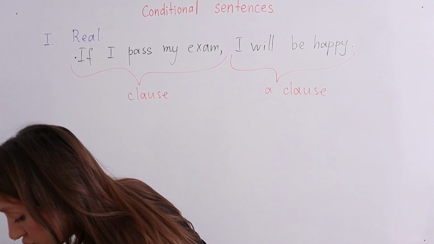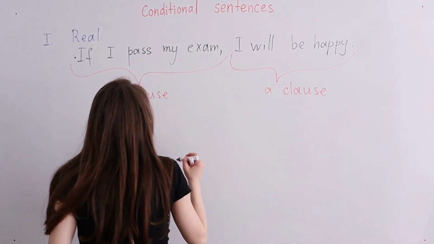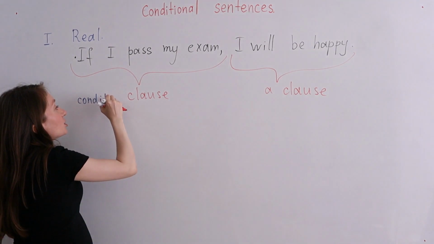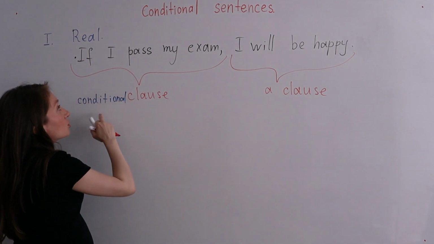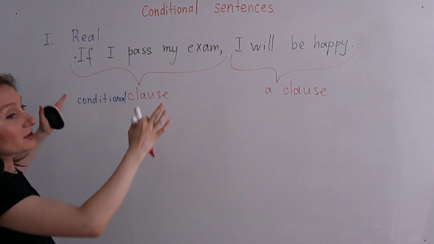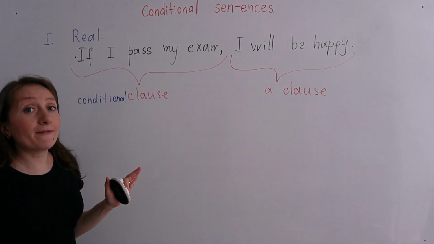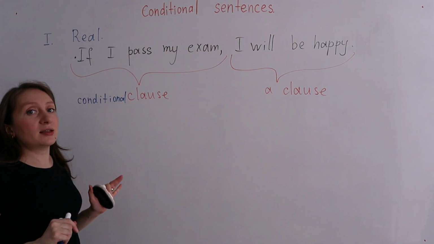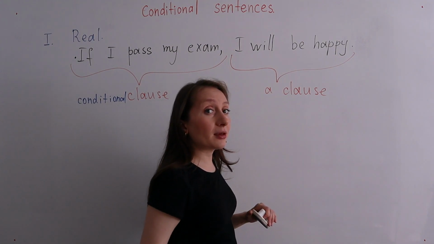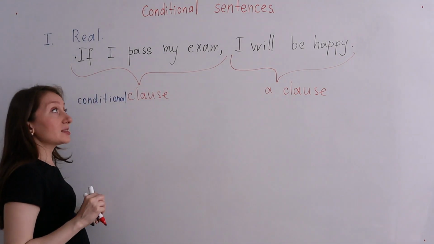This one we call the conditional clause. If you have one part of the sentence starting with if, it means this is the condition. Under what conditions will I be happy? If I pass my exam.